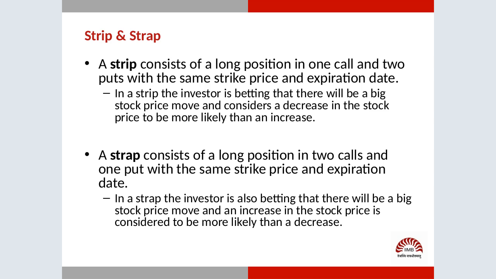Now, you also have something called a strip and a strap. If the straddle consists of just one call and one put, the strip consists of a long position in one call and two puts. Similarly, the strap consists of a long position in two calls and one put. So what am I doing?